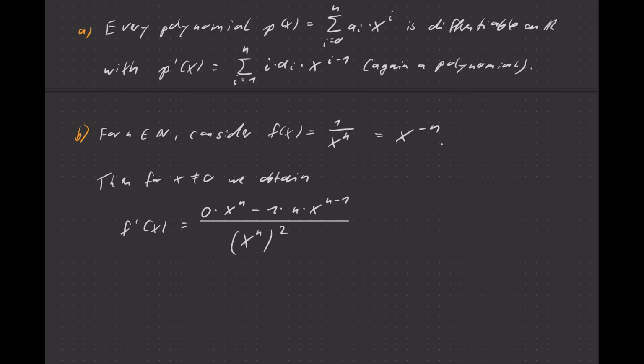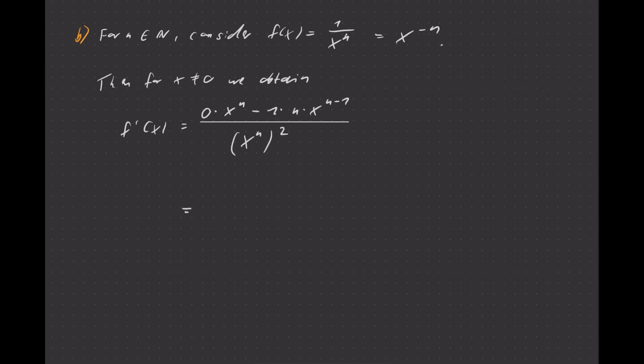We can simplify this a little. This 0 times something vanishes. So we're only left with this part here. And that means what we get here is, let's take out the minus n. We take that to the front here. And then we have x to the power of n minus 1 divided by, well, x to the power of n squared is the same thing as x to the power of 2n.